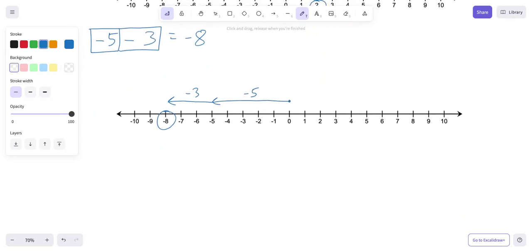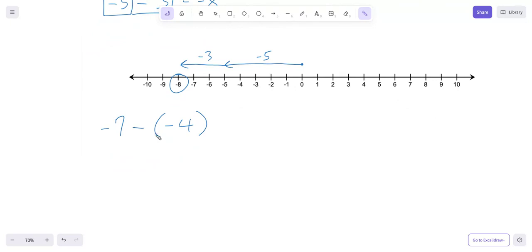All right, let's do negative 7 minus negative 4. Here we have to notice there is a minus negative. There are two signs next to each other.